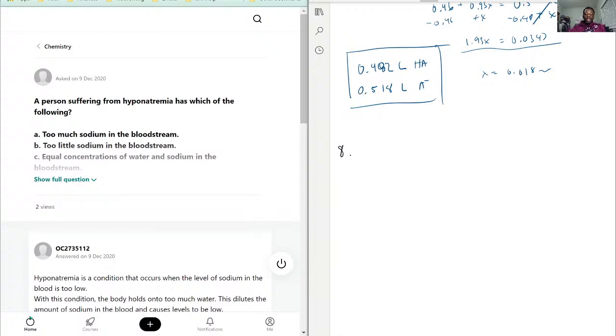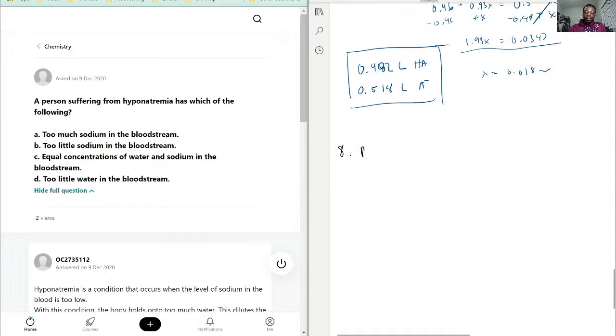So question 8 here asks, a person suffering from hyponatremia has which of the following?